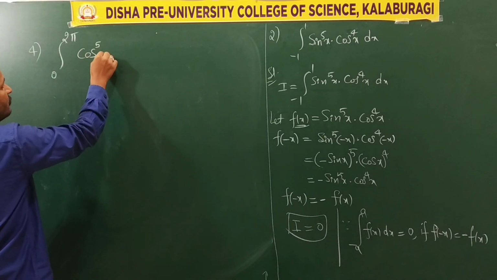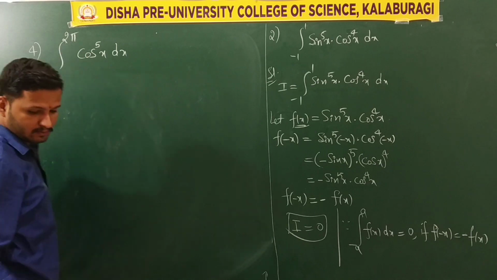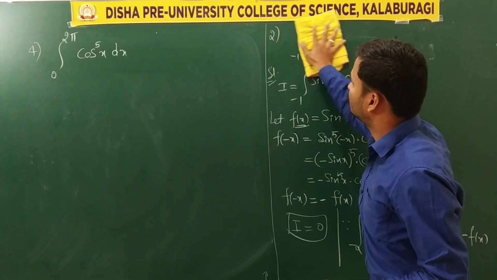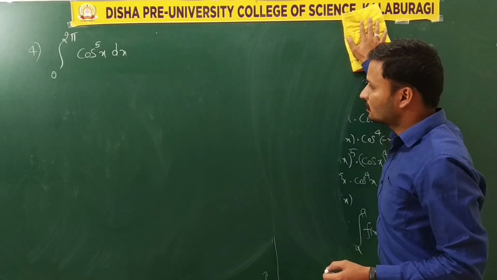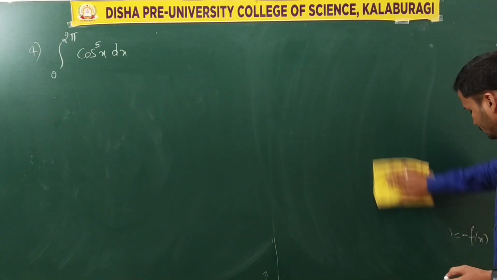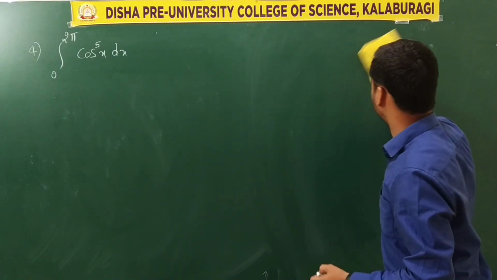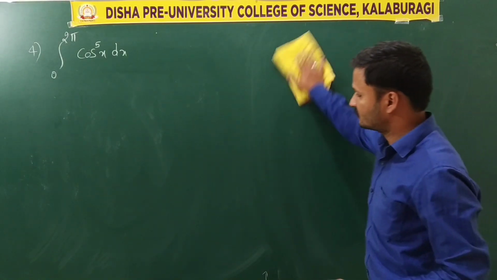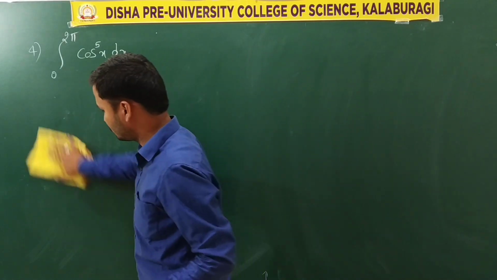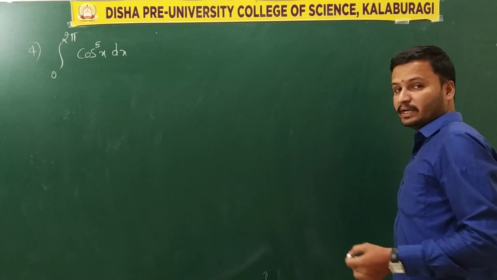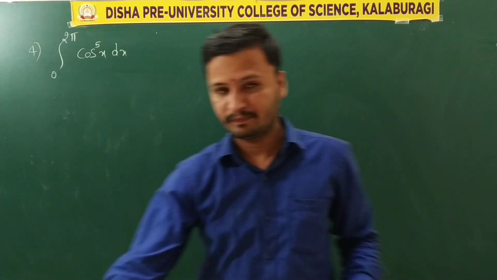So your question is, evaluate the integral from 0 to 2 pi cos to the power 5x into dx. So how do you evaluate? First observe that this is of the form of one of the properties; there are properties number 1, 2, 3 and so on up to 8. Which property?